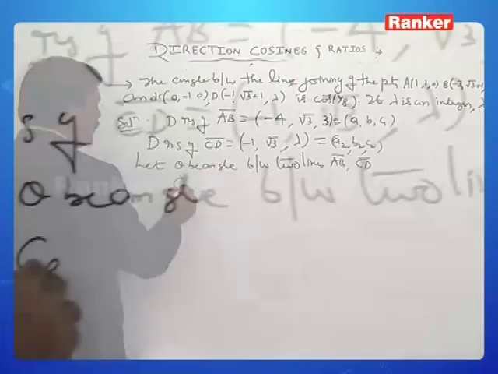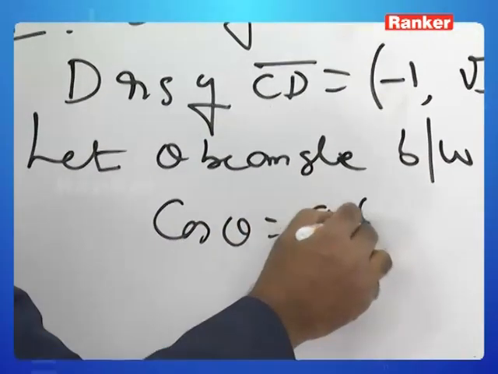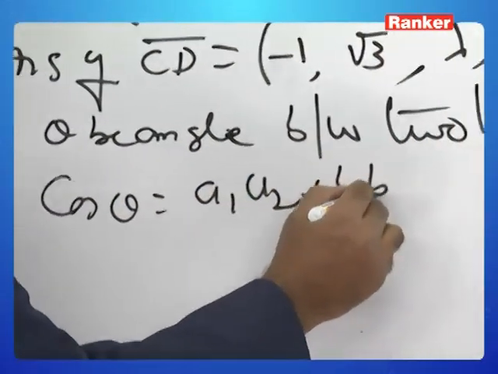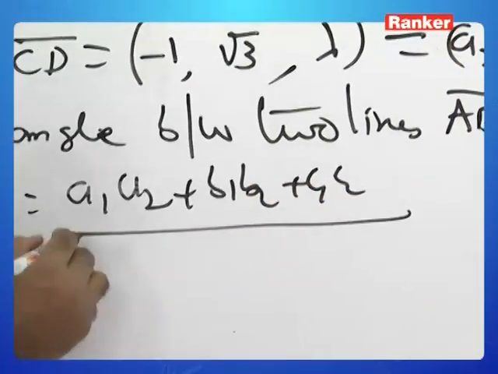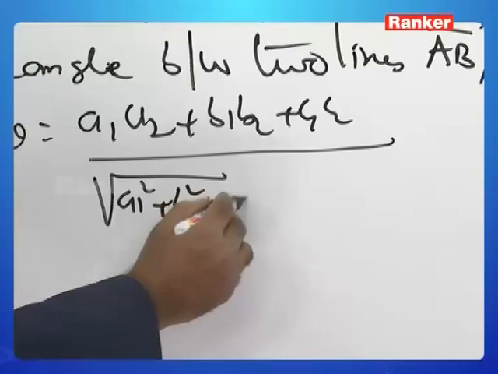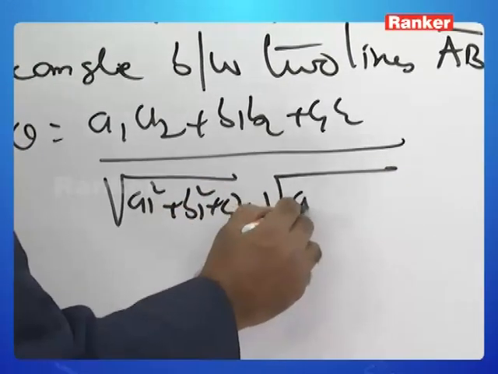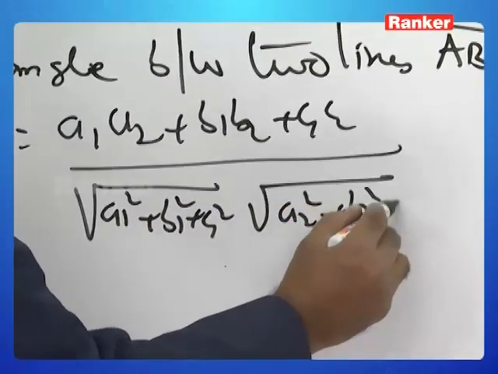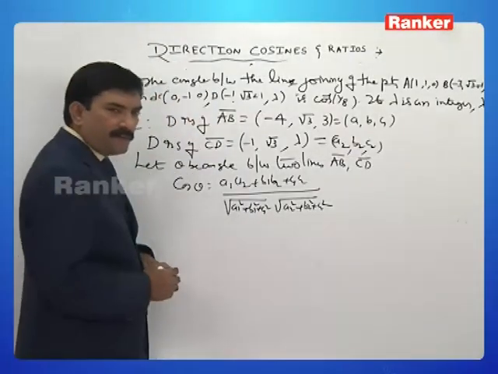I can write cos theta is equal to A1 A2 plus B1 B2 plus C1 C2 by square root of A1 square plus B1 square plus C1 square into square root of A2 square plus B2 square plus C2 square.